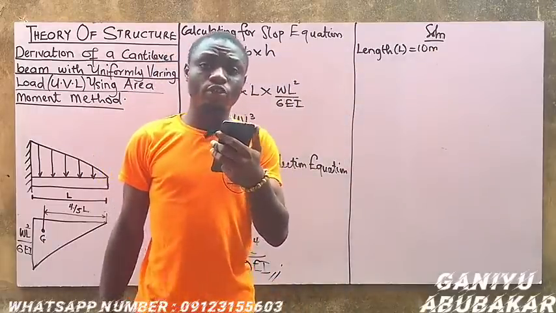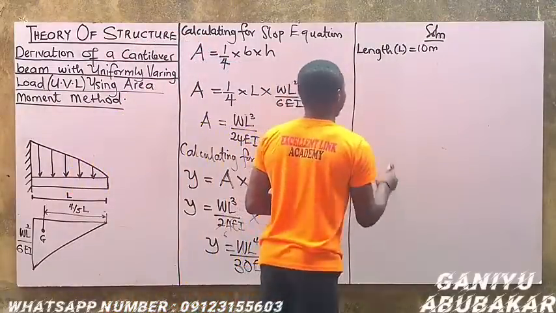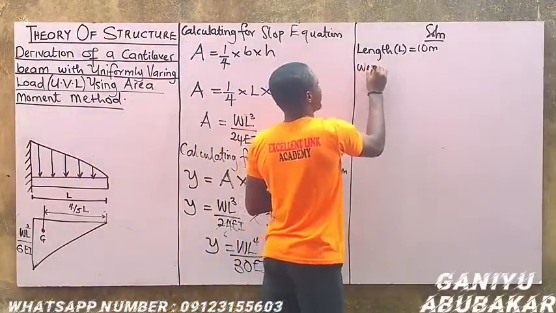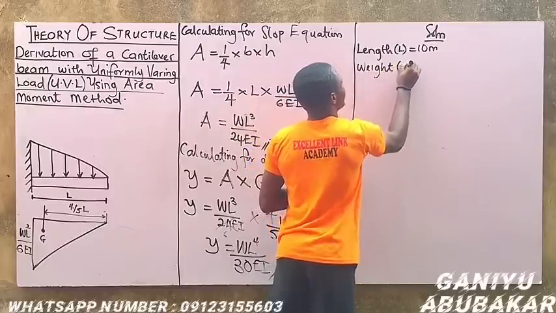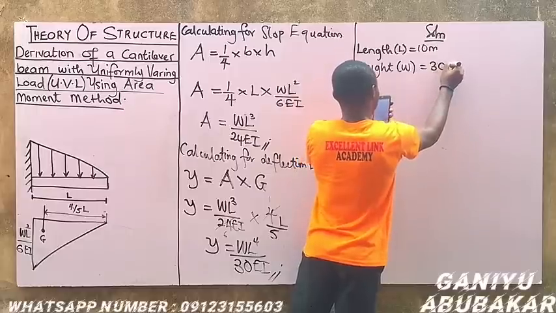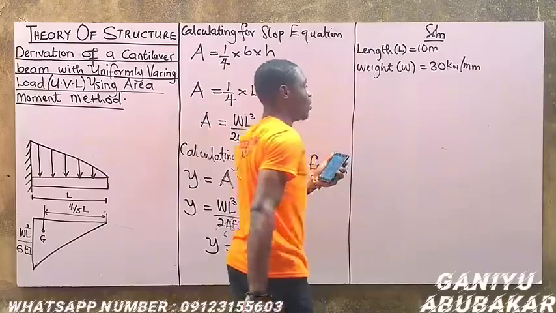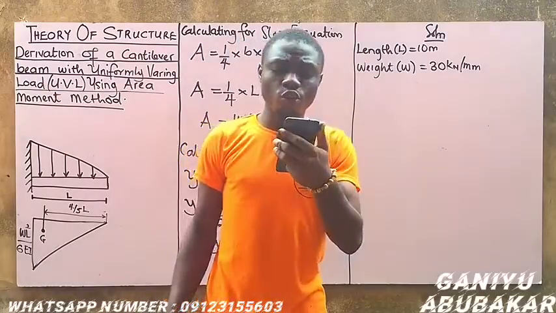Is subjected to a uniformly distributed load of 30 kilonewton per millimeter. So my load there, which is weight, that's W, is given to be 30 kilonewton per millimeter.